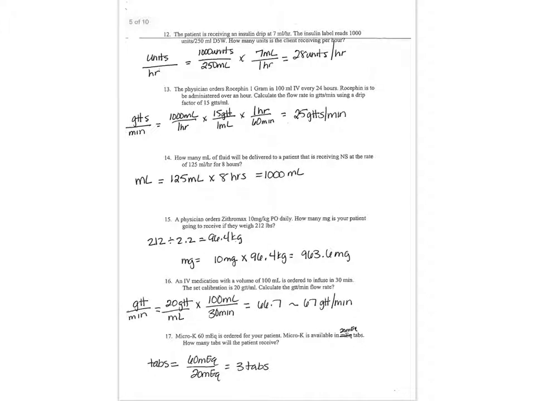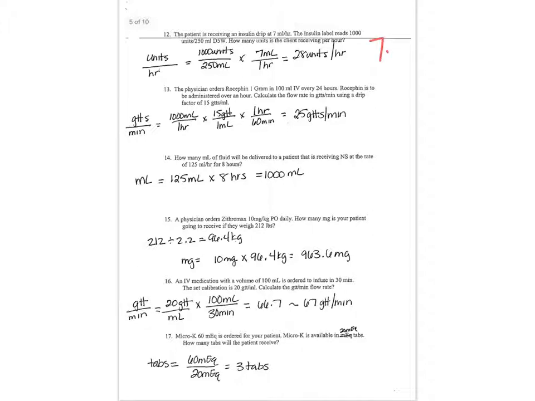Over on number 12, let's see. Receiving an insulin drip at 7 milliliters per hour. It reads 1,000 units. Oh, okay. So how many units? So this is, again, kind of the reverse of the D over H times Q. So she used the dimensional analysis formula.